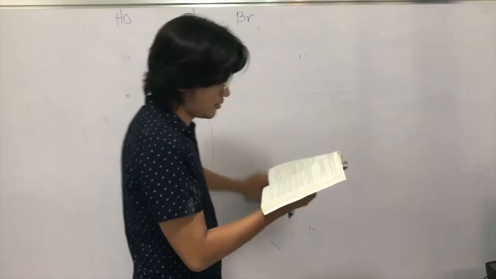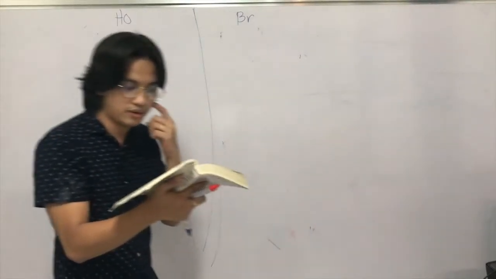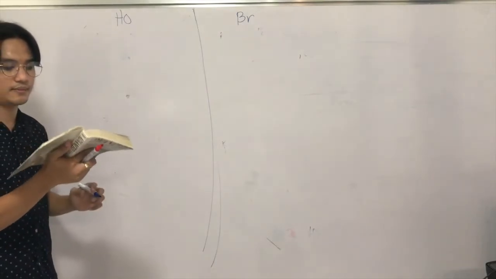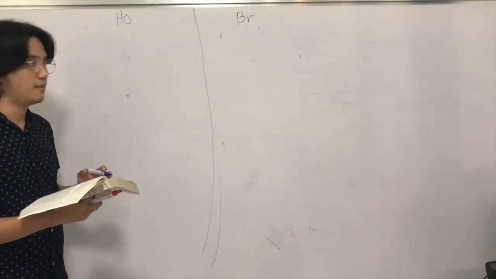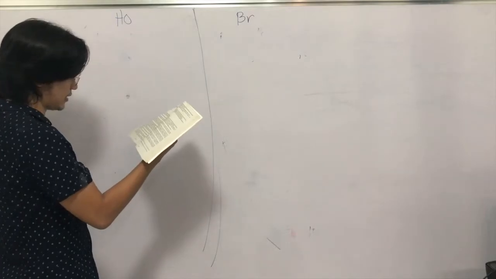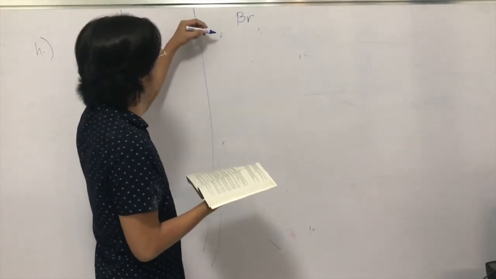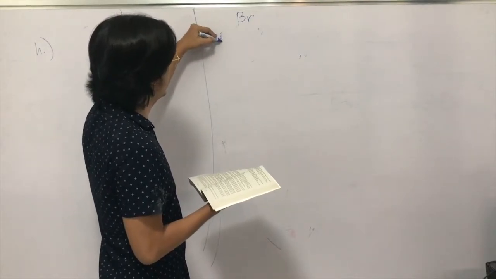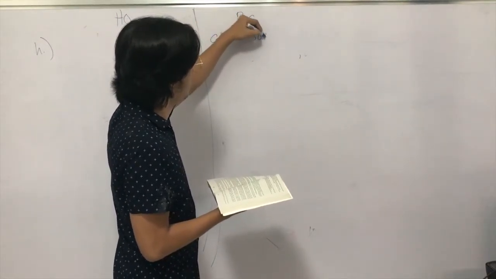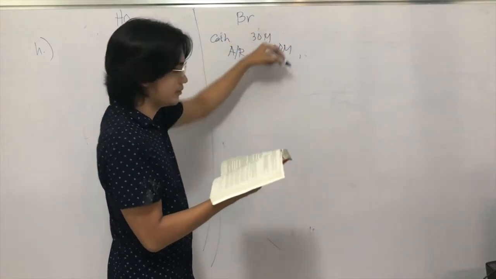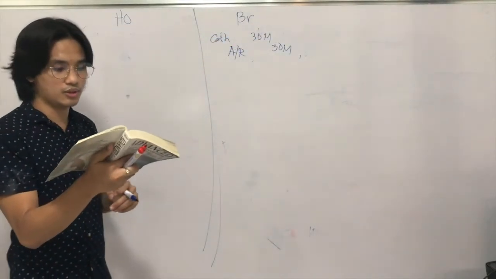For letter H, the branch collects 30 million on its accounts receivable. So there was a receivable of 50 million. Out of the 50 million, the branch collects 30 million. So that would be a debit to cash, 30 million, credit accounts receivable, 30 million. Take note of the additional information.